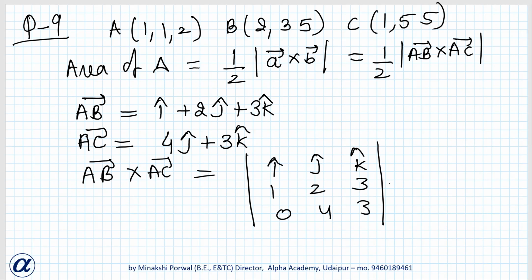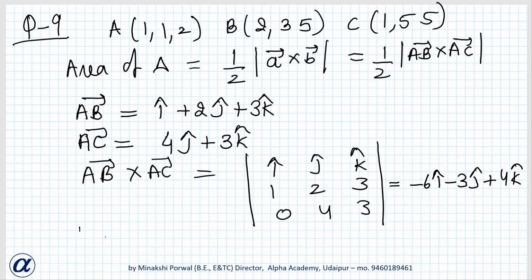We'll find this vector: i cap into 6 minus 12, so minus 6i, minus j into 3 minus 0, so minus 3j, then k into 4 minus 0, so plus 4k.